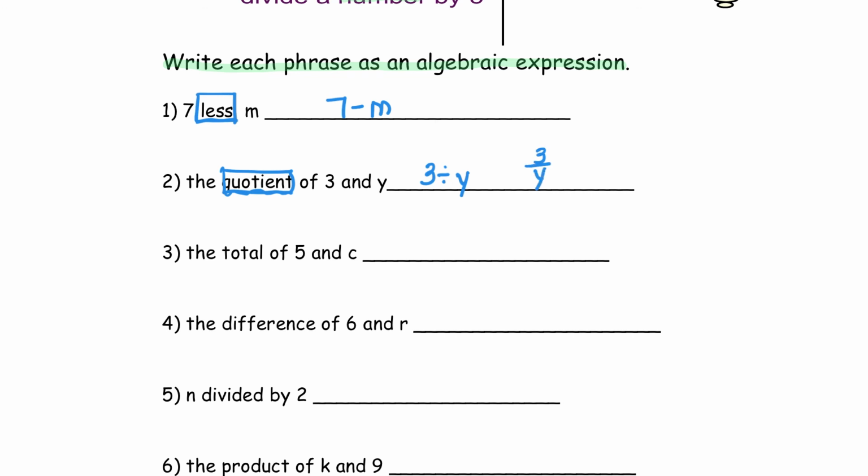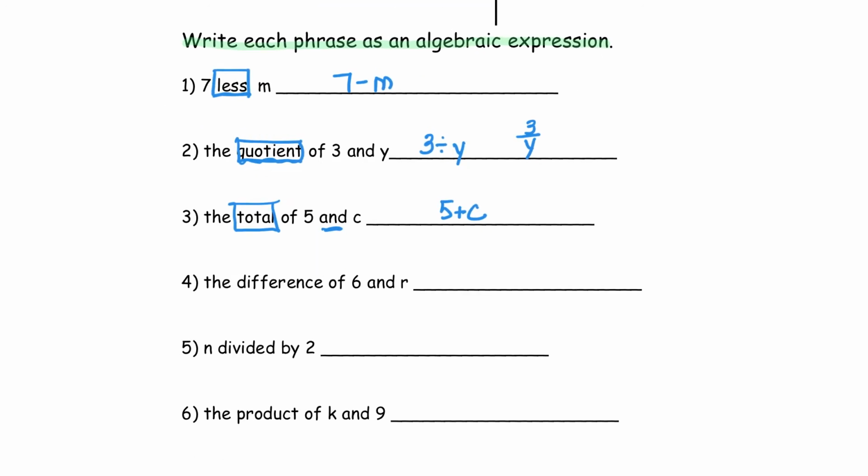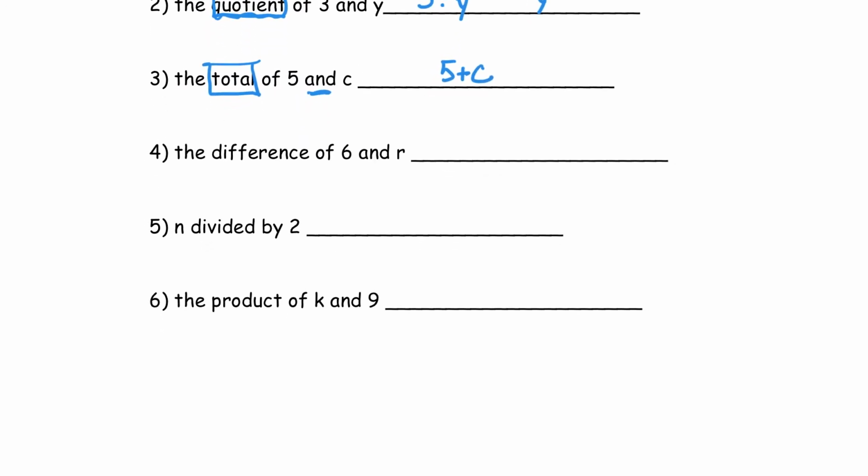Number 3, the total of 5 and c. Total tells me most of the time, not every single time, but pretty much 9 times out of 10, this is going to be addition. So the total of 5 and c, that would be 5 plus c. Number 4, the difference of 6 and r.